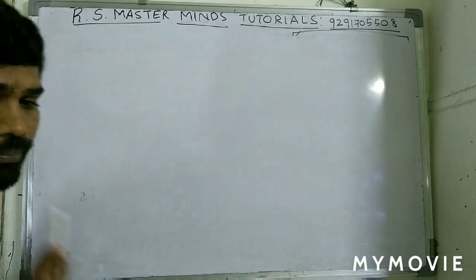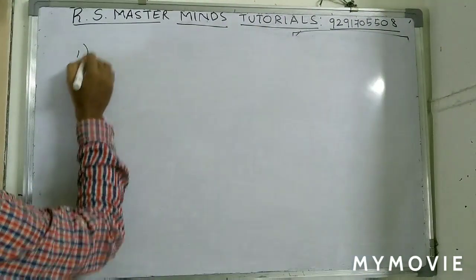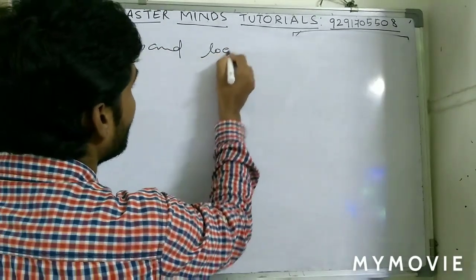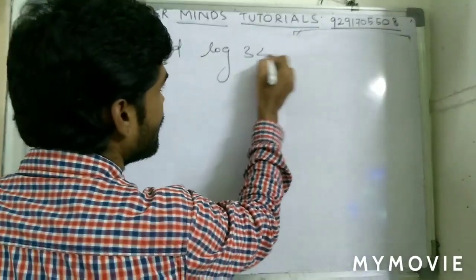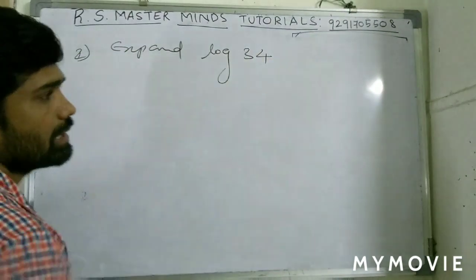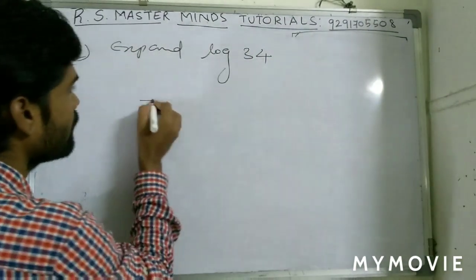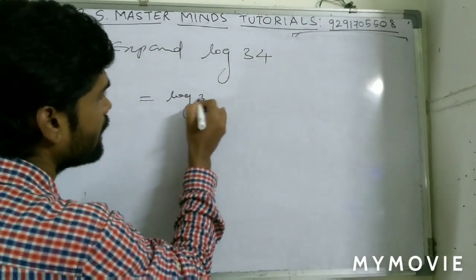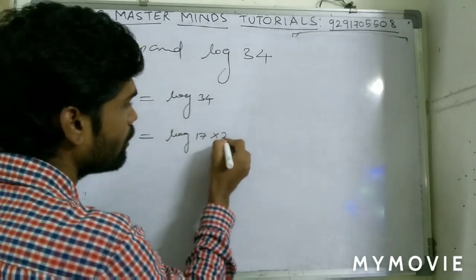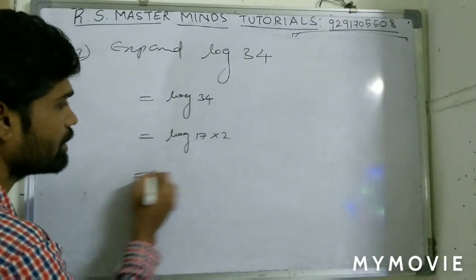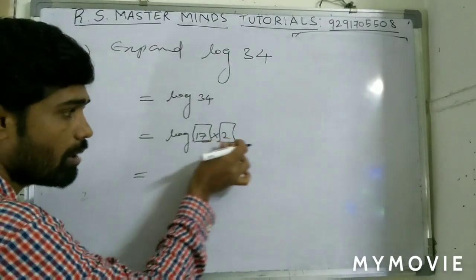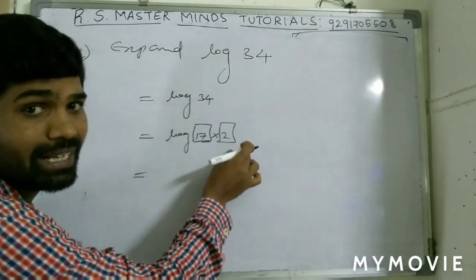Let us do one more. Expand log 34. Log 34 can be written with 34 as 17 into 2 or 2 into 17. So this is x, this is y, in the form of a product, and a product can be written as a sum.